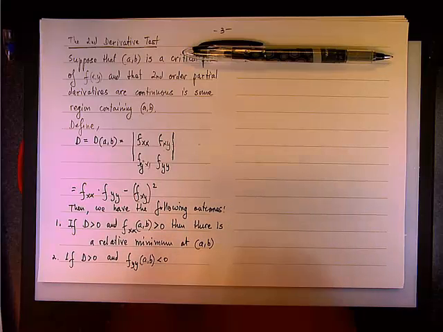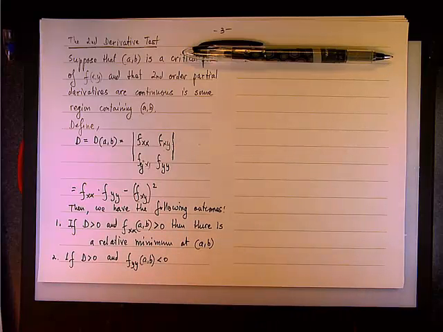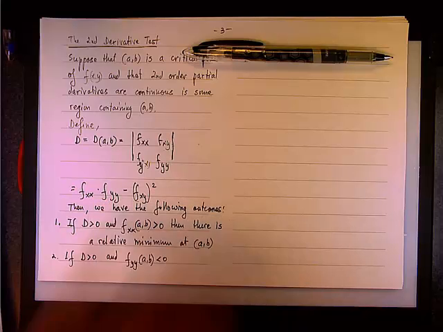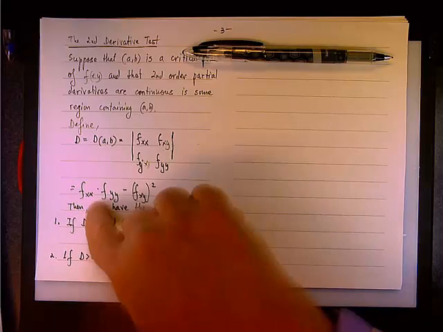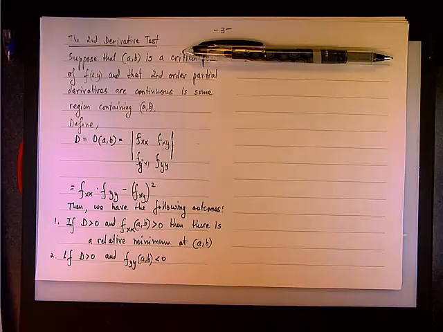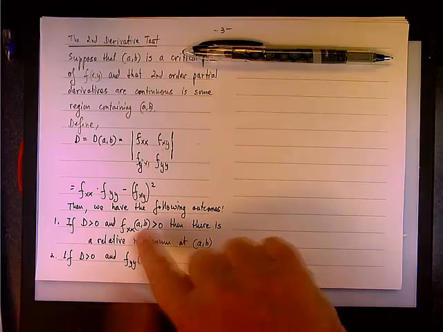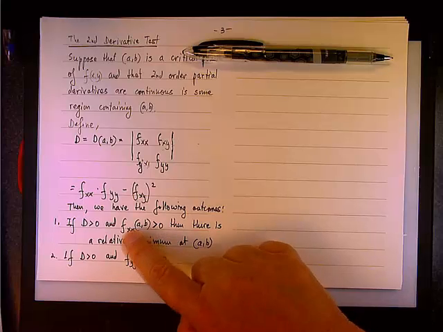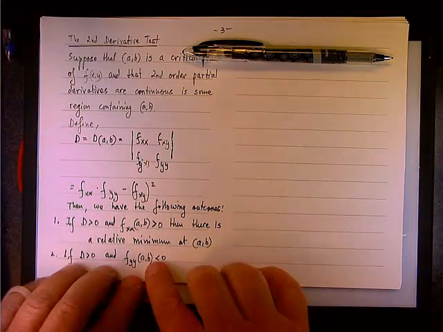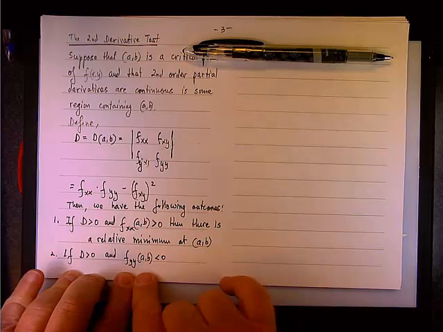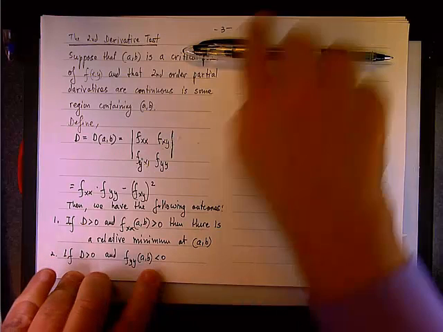So for D to be positive, if f xx is positive, so is f yy. If f xx is negative, so is f yy. f xx and f yy have to be of the same sign in order for D to be positive.